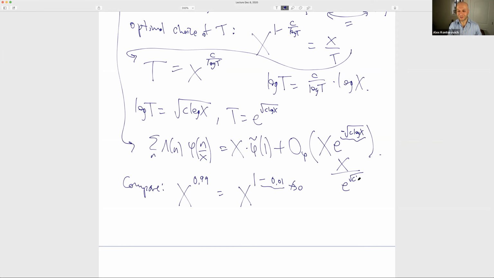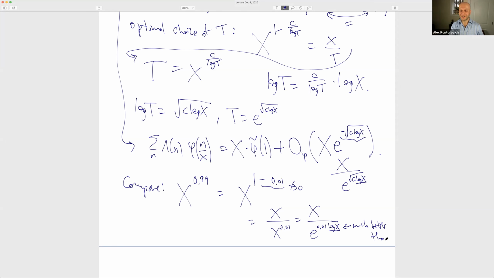So this would be x over x to the 0.01, right? So how do these two denominators compare? x to the 0.01 is e to the 0.01 log x. What goes to infinity faster, square root of log x or log x? Log x goes to infinity faster than the square root. So that's why this is much better.